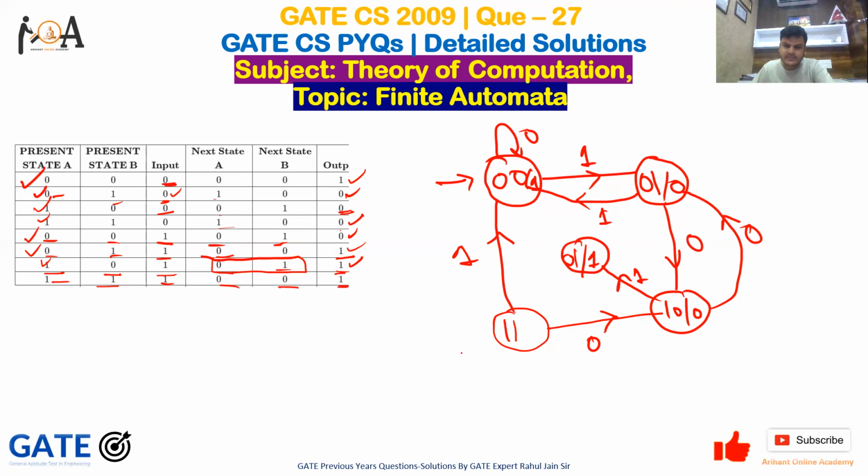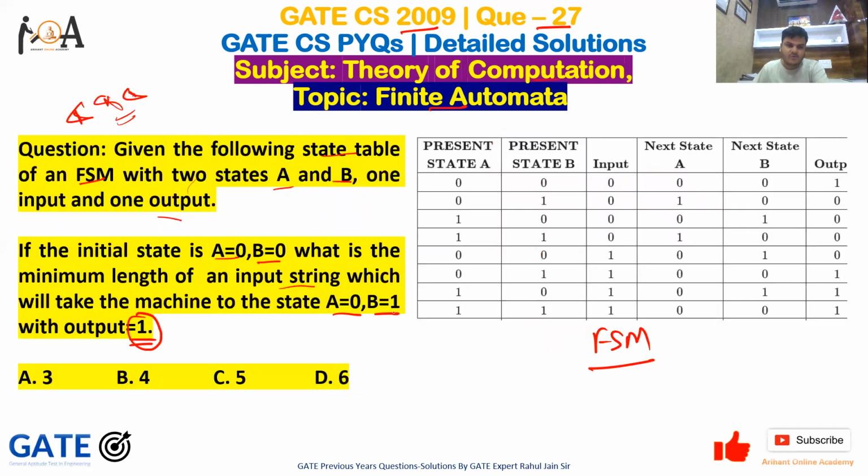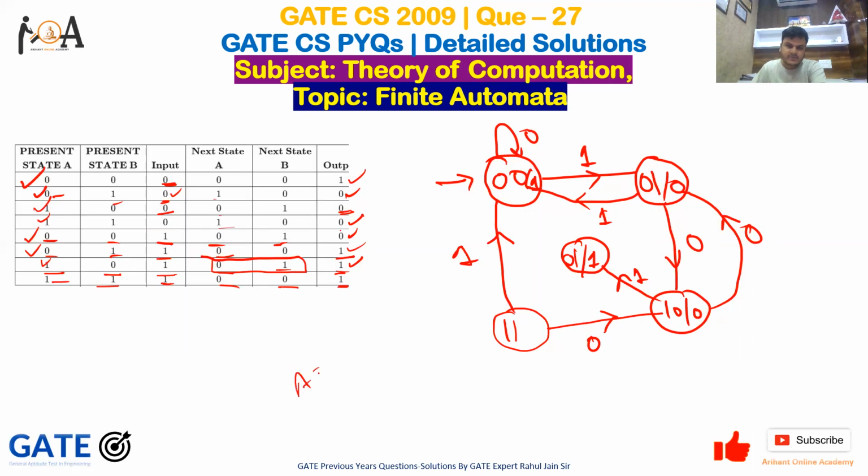Okay, but if you see the question: what is the minimum length of the input string which will take the machine to the state a equals 0 and b equals 1, with output 1? Output needed is 1, starting here. Now a equals 0 and b equals 1 we need.